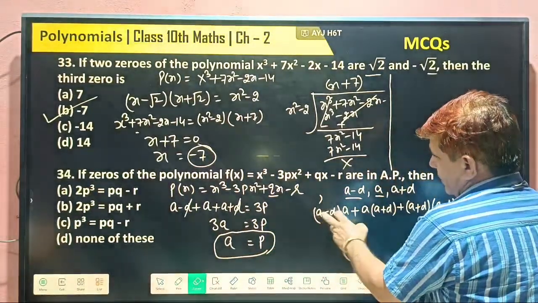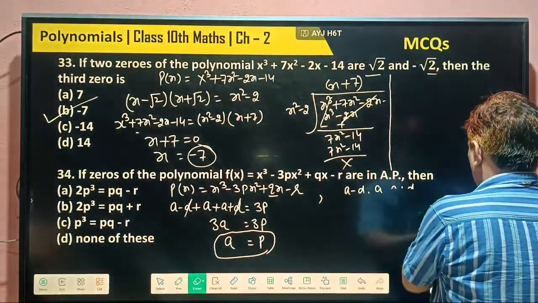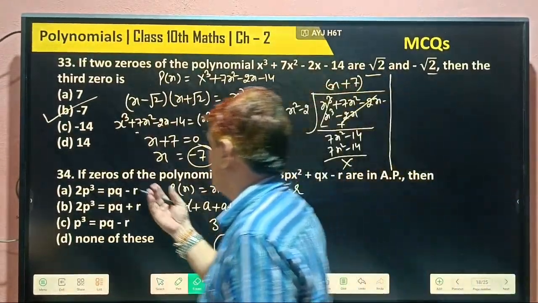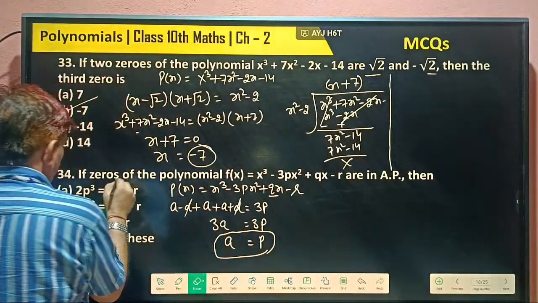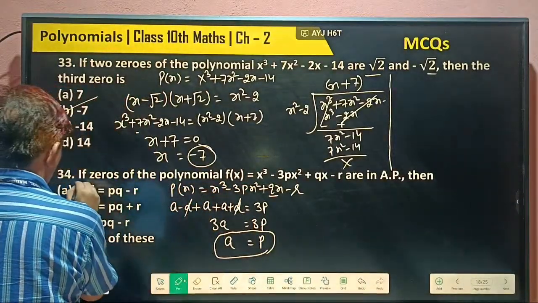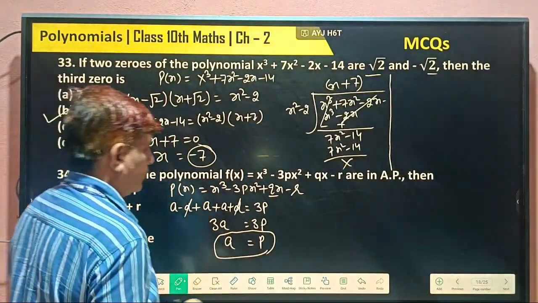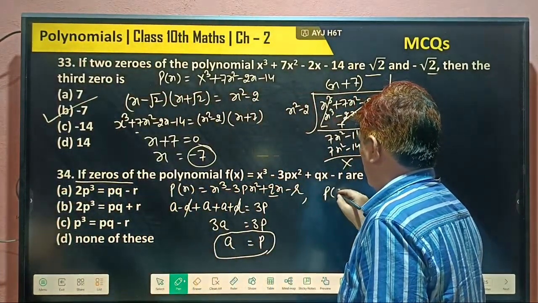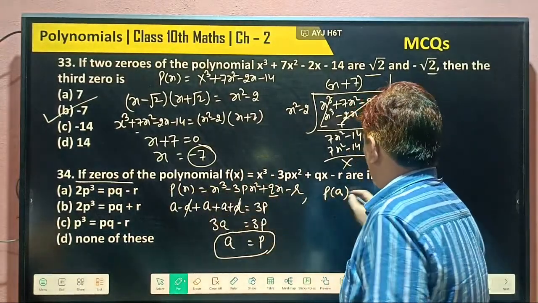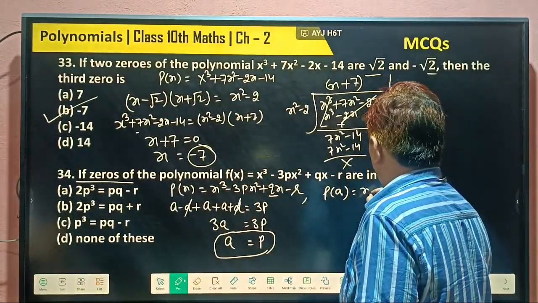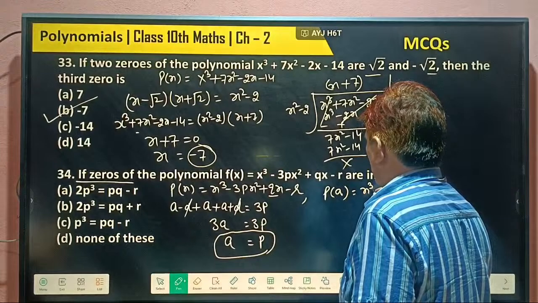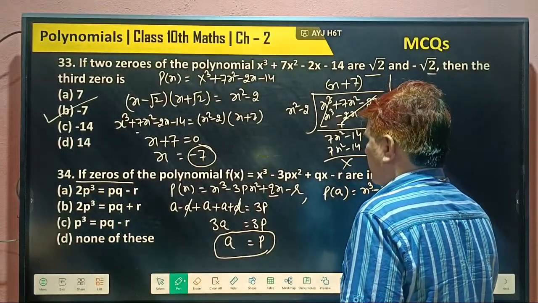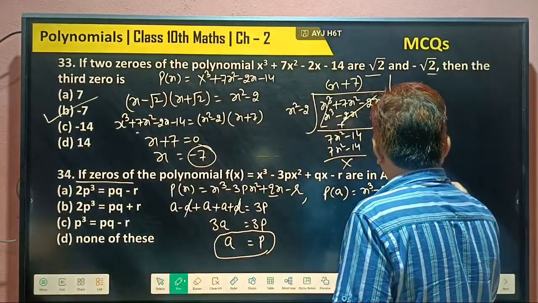We can show it like this also, but there is one more method. And what is a? A is a zero of this polynomial. So we can put here p of a. Watch: x cube minus 3px square plus qx minus r.